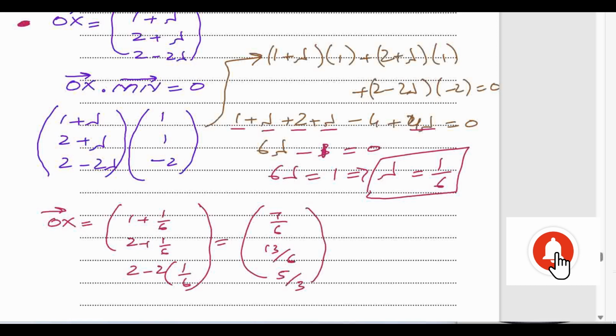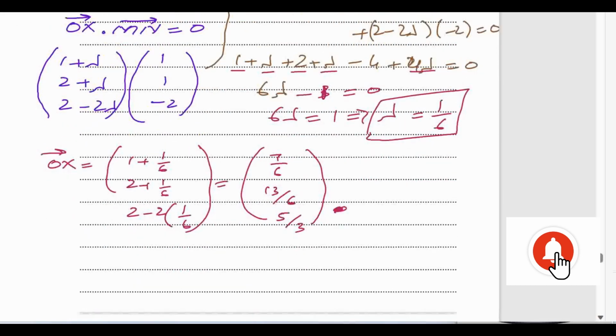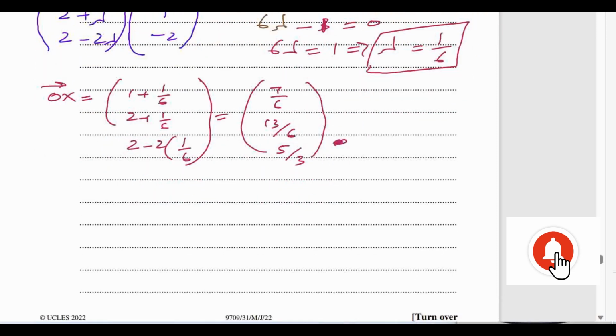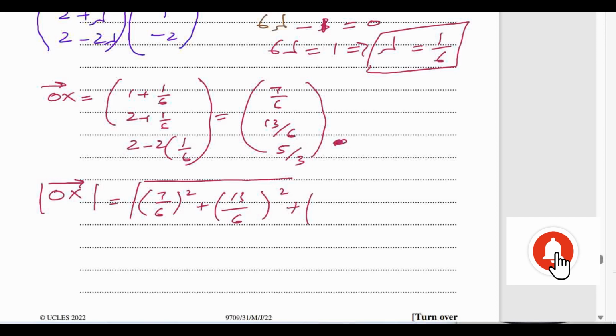Okay, so this is the vector form, but as we can see, we have to find the distance. So the magnitude of the line OX will be equal to the square root of the sum of the squares of the x, y and z coordinates. So this is 7 by 6 square plus 13 by 6 square plus 5 by 3 square.